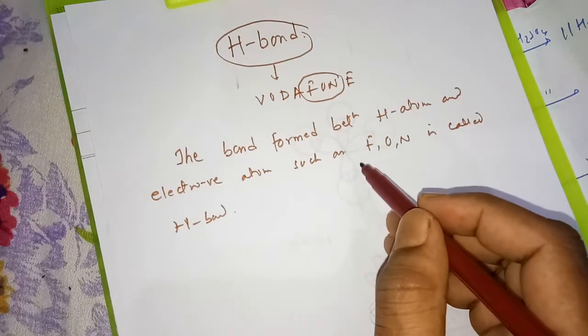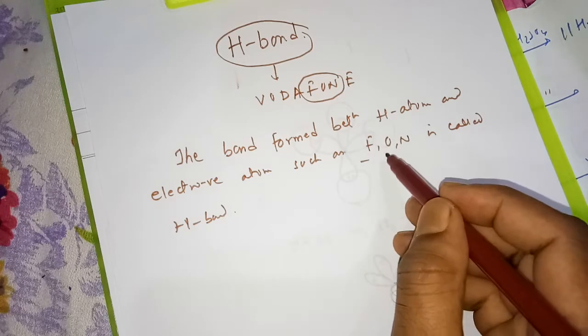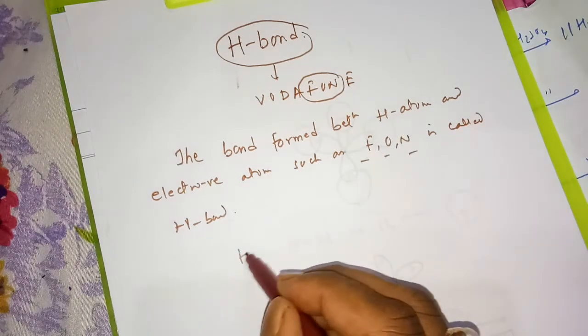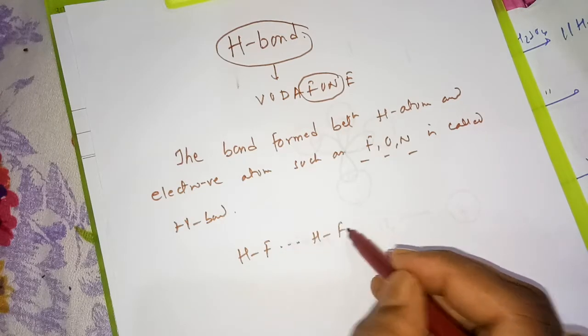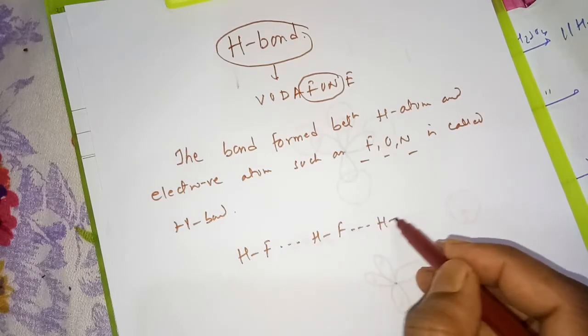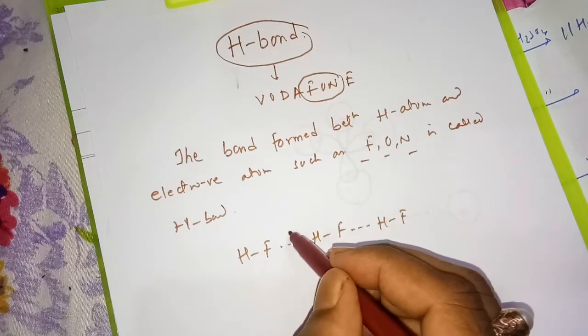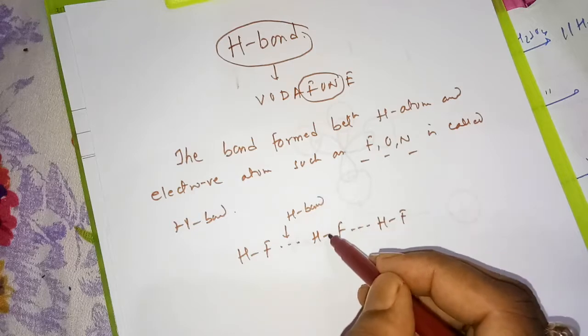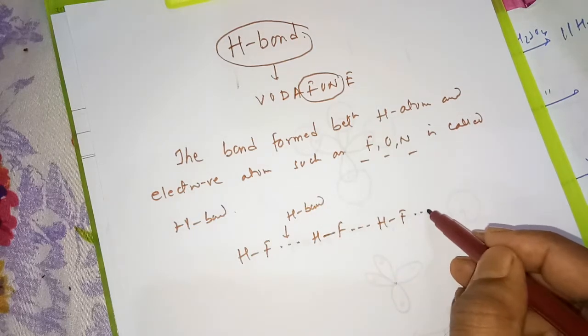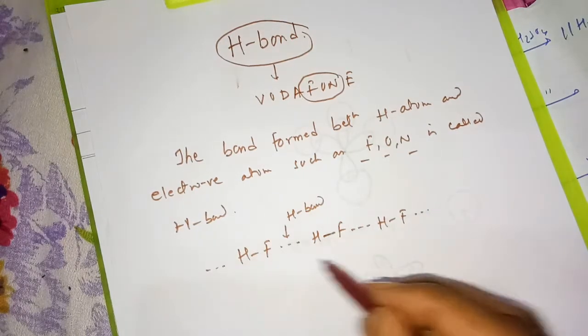Now hydrogen forming a bond with F, oxygen, nitrogen. Hydrogen forming a bond with fluorine is HF. The bond that is dotted is the hydrogen bond, and these are truly covalent bonds. So there is a dot on this side, a dot on this side.